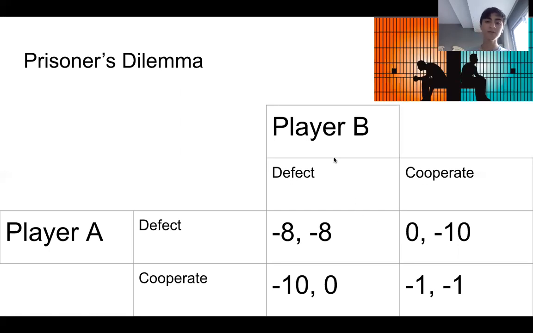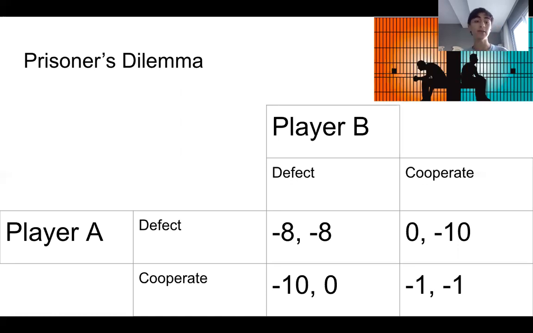So suppose player B, yeah, it's both defect, but let me explain why. Suppose player A knows that player B is going to defect. So player A knows that if they cooperate, player B is going to get off free with nothing, and player A is going to get sent to jail for both lying and for robbing a bank. So he's going to get 10 years in jail.